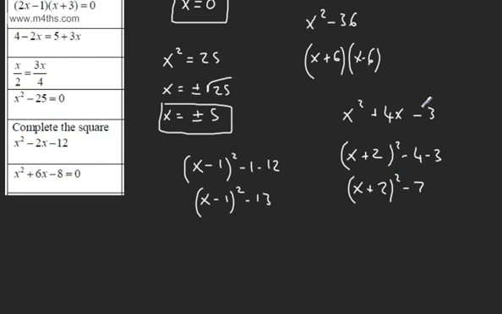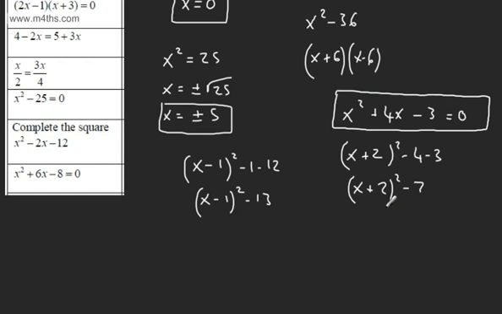We can use completing the square to solve quadratic equations, especially helpful if they don't factor. So let's just say it's not going to factor, okay? So what we'll do now is set this equal to 0. And if we needed to solve this equation, we could do that by completing the square.